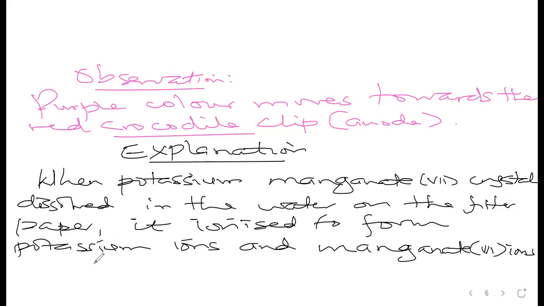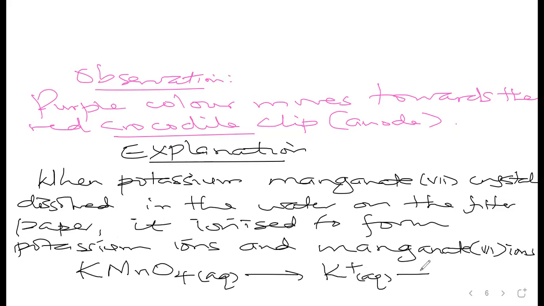That can be represented by this equation. The formula of potassium permanganate is that. So when it dissolves in the water on the filter paper, it forms potassium ions and manganate 7 ions. That's what happens first, and this happened before you completed the circuit by closing the switch.